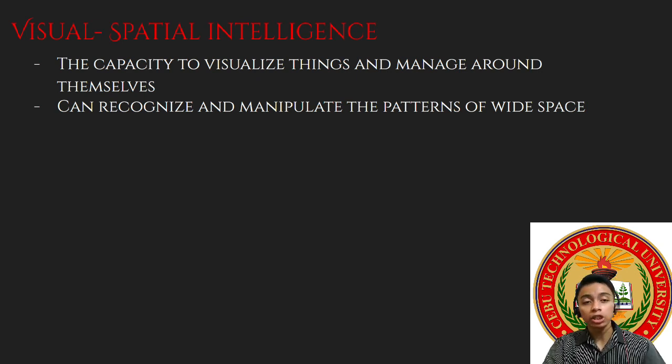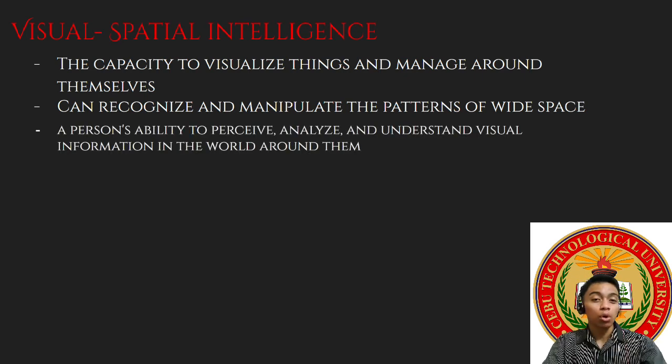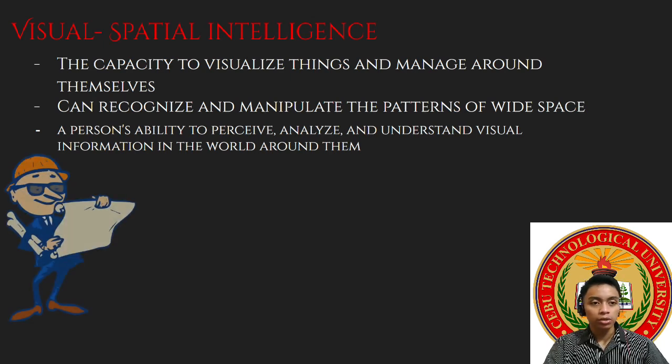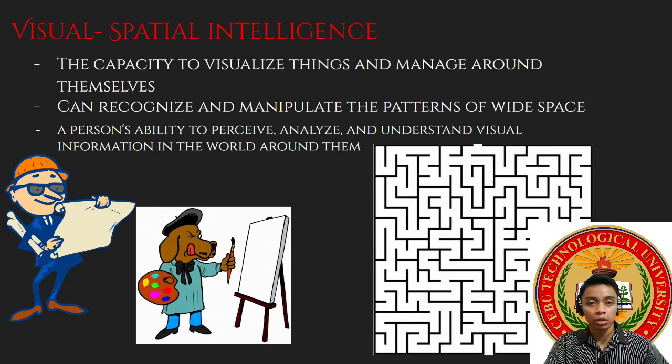So lastly would be naturalistic intelligence. It is the capacity to know about your nature, such as the forest, the sea, the ocean, or even at your house. It involves expertise in the recognition and classification of numerous species, such as dogs, we humans, as well as the environment.